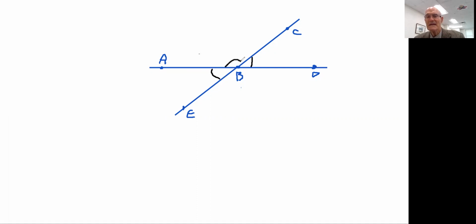Angle ABC here, which is this angle, is congruent to angle DBE, which is this angle. So when you talk about vertical angles, you know that they are equal. But once again, when you hear the word vertical angles, you need to know exactly what that means.